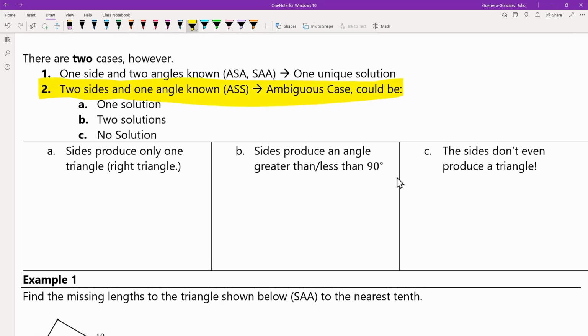Okay. So if you look at our triangle congruence theorems, right? If you do any one of the triangle congruences that are there, you're going to get one unique solution. Okay. There is what's called an ambiguous case.